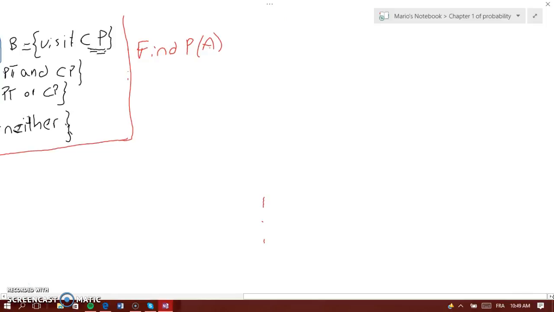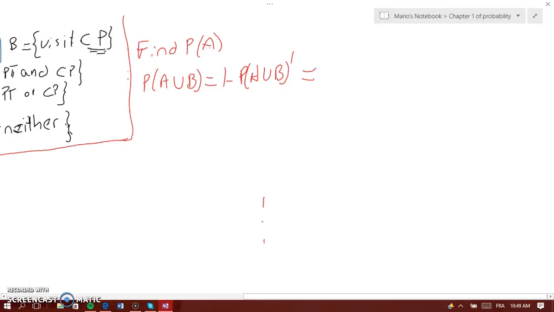So we know that we have P(A union B) equals 1 minus P(A union B complement). Remember from set theory, the prerequisite I told you about?